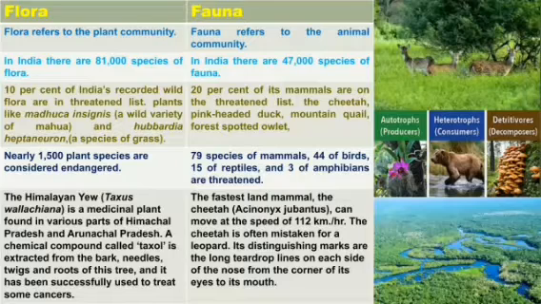Now we can say that below here is one example of a plant, and in fauna there is again one example of an animal. These two have long back become extinct in India because people have used a large quantity of their products.